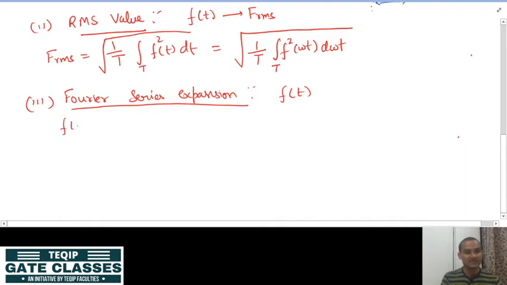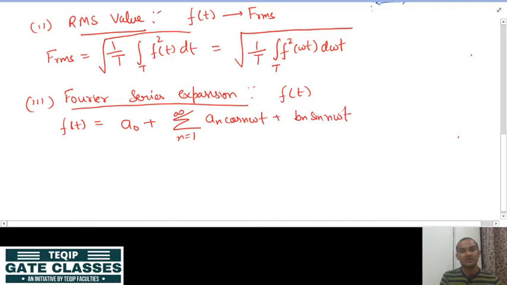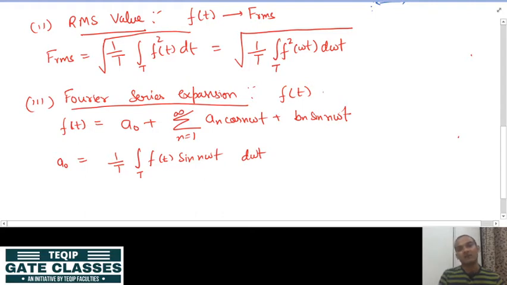So, the Fourier series expansion of some function f(t) can be written as a naught plus summation n equals 1 to infinity, because we are taking the single-sided Fourier series, of a n cos n omega t plus b n sin n omega t, where a naught, a n and b n are Fourier series coefficients. If you want to take f of omega t, you can also consider that.